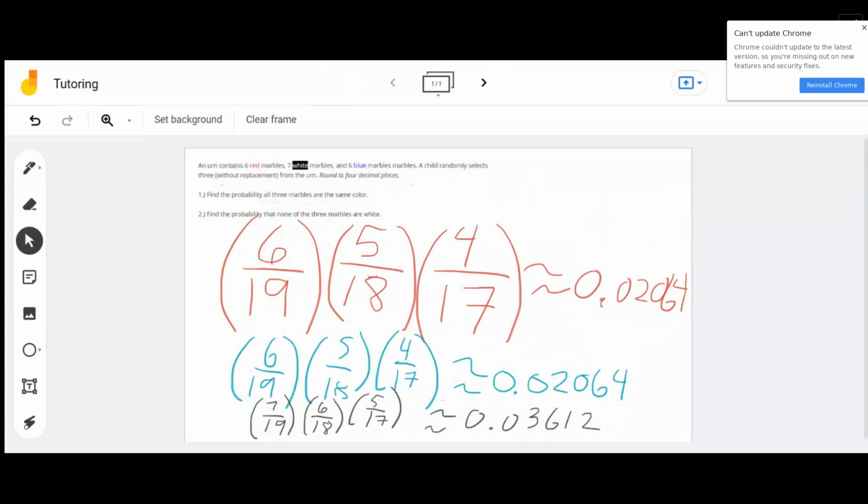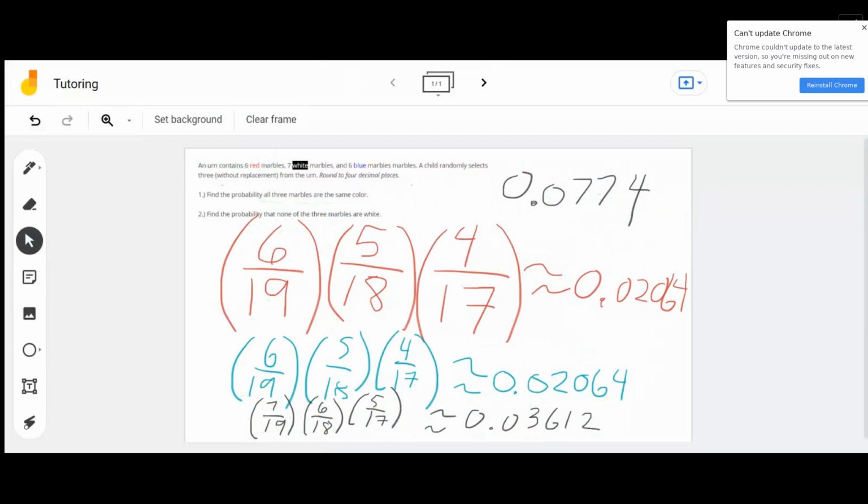So we just add this probability and this probability and this probability, not multiply. And when we add these 3 probabilities together, we get a total probability of 0.0774, or roughly a 7.7% chance of occurring. So that's how you would do part 1 of this.